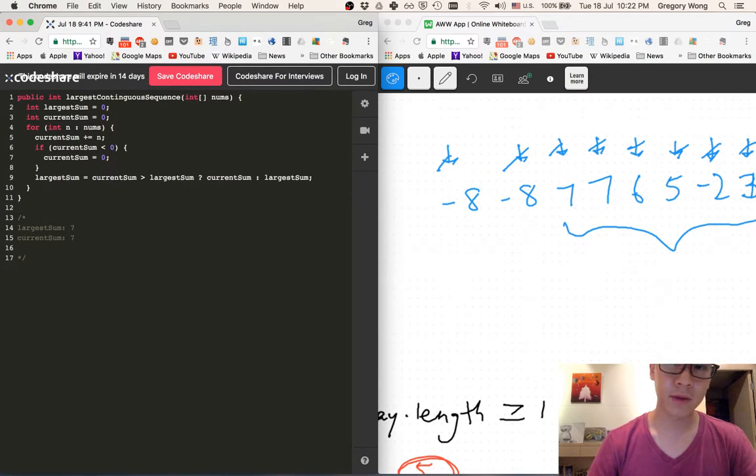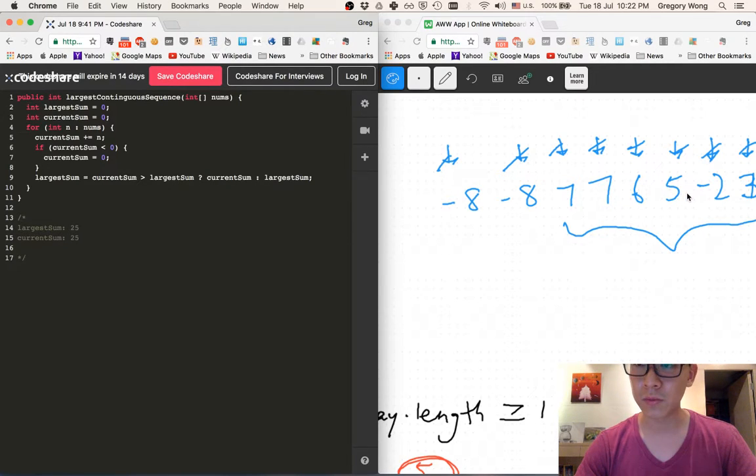I'm going to simplify the next steps because we're looking at positive numbers. So 7, 14, 20, 25. The current sum is 25, and the largest sum is, of course, set to 25.